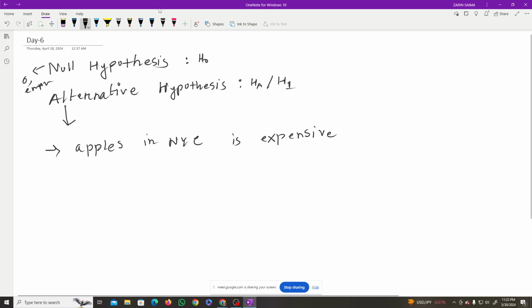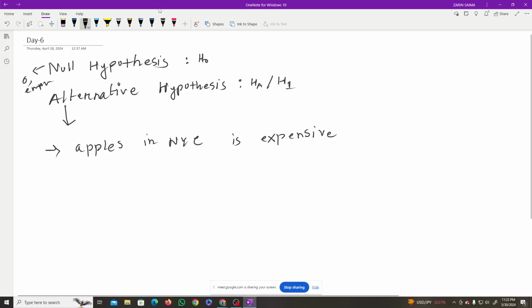Can you say that it is a statement we can work with using hypothesis testing? No, because it is just an idea or statement. But if we associate a value with it or compare it with something, then we can use it for hypothesis testing. Such as, apples in New York City are higher than $1.7 per pound. If we associate a value with it, then yes, we can do hypothesis testing with it.